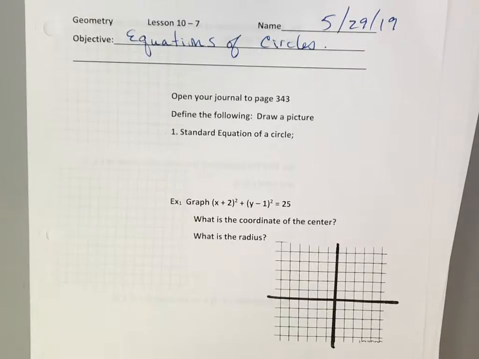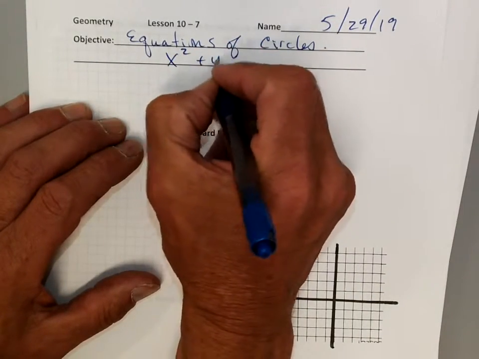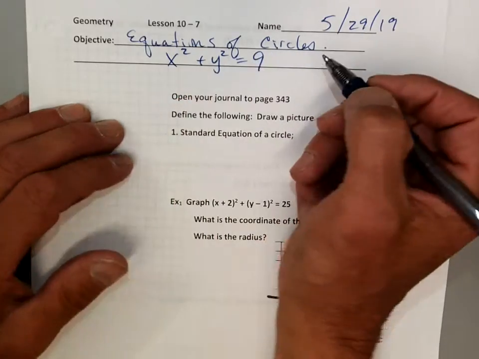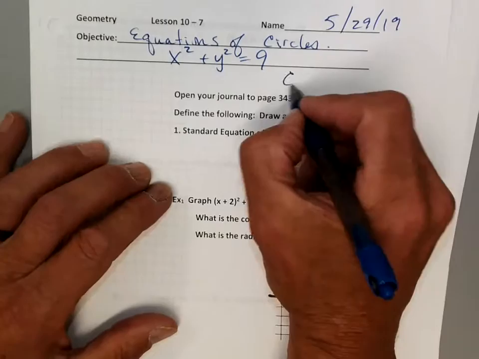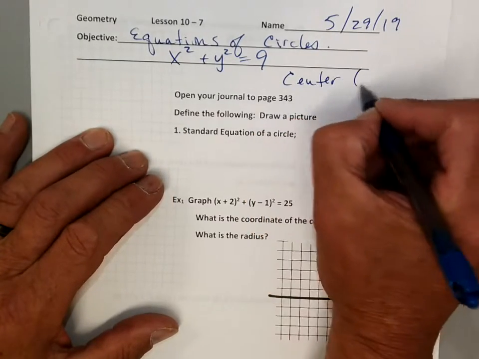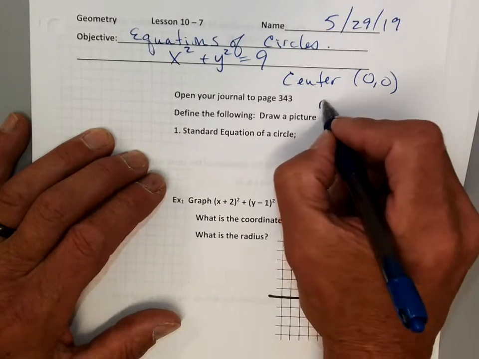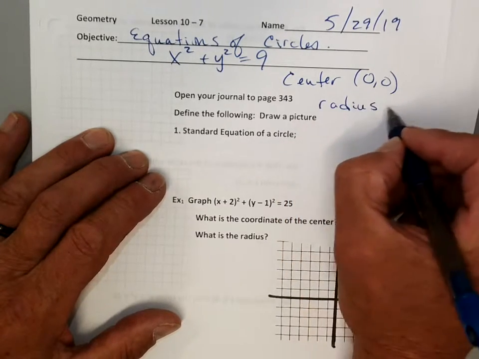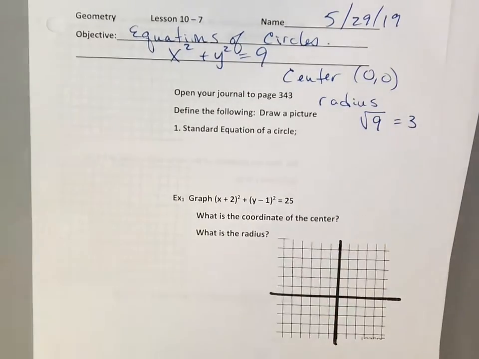So the circle I just graphed was x squared plus y squared equals 9. That's going to be a circle with center at 0, 0. And the radius of the circle I graphed was the square root of 9, which is 3.